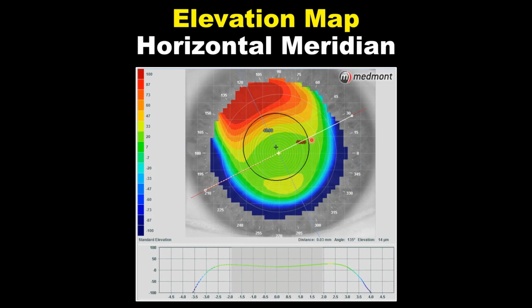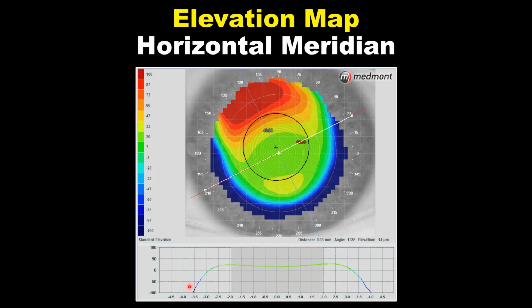The white line is crossing this axis, and we're observing how the elevation of the eye is like a tabletop. For those of you who've been to Cape Town in South Africa, you may have seen Table Mountain, where you have this high elevation that's ultra flat, and then the cornea just drops off. And this is a highly oblate eye.